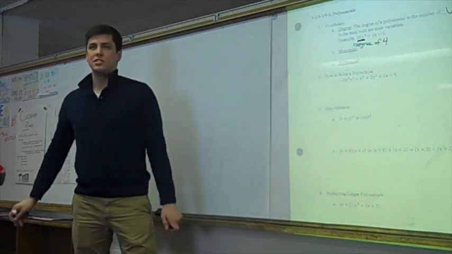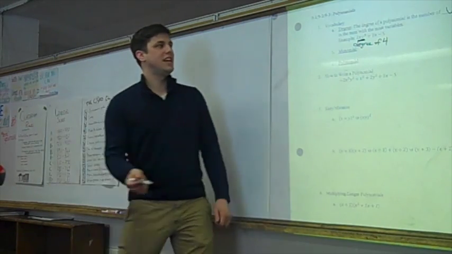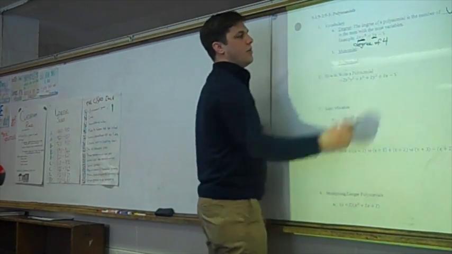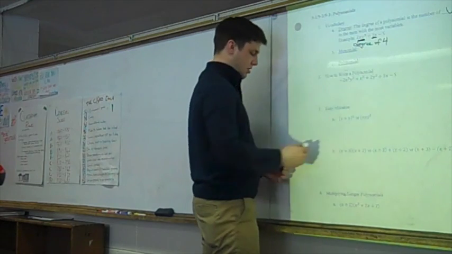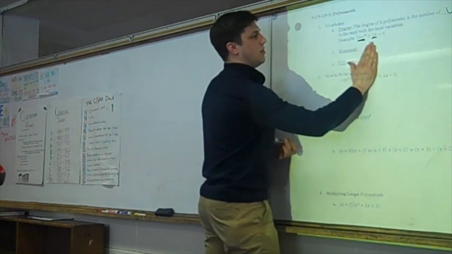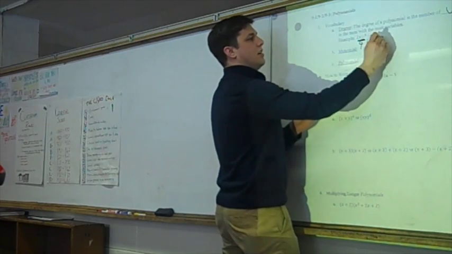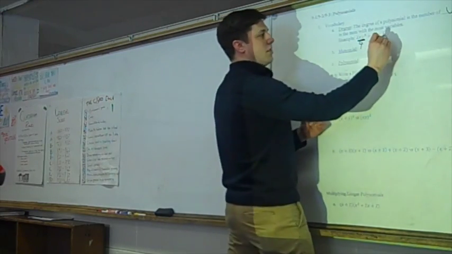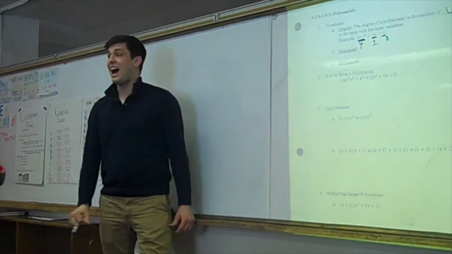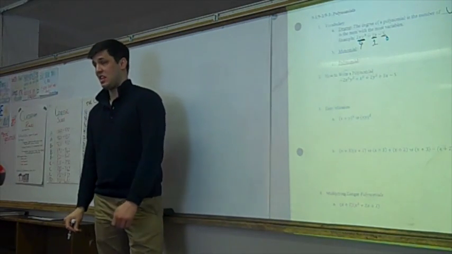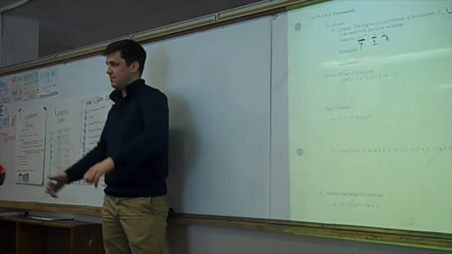To explain that through this example, here we have degree of 4. Here we have one variable, degree of 1. Here we have no variables, so 0. You choose the highest one, and that is the degree of the entire thing.